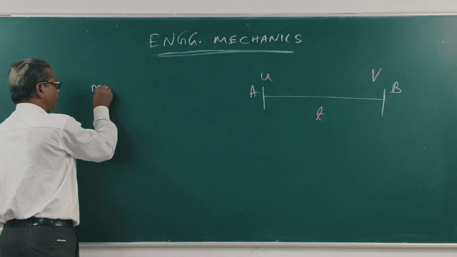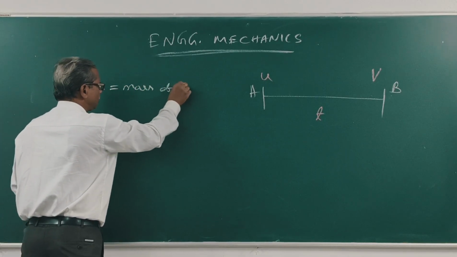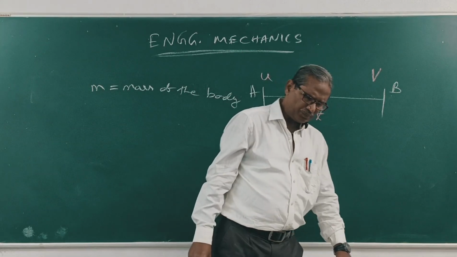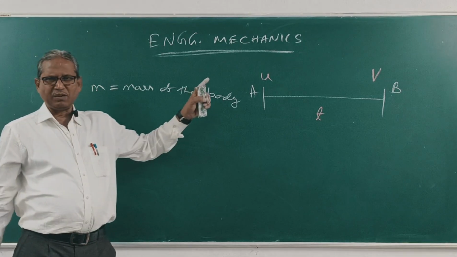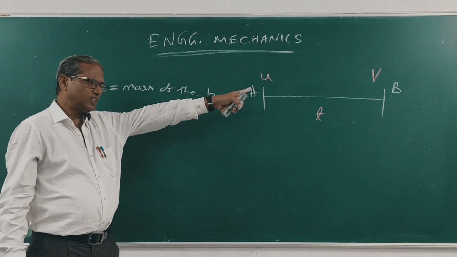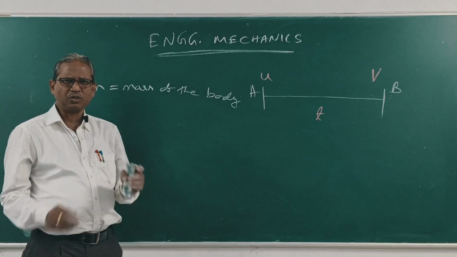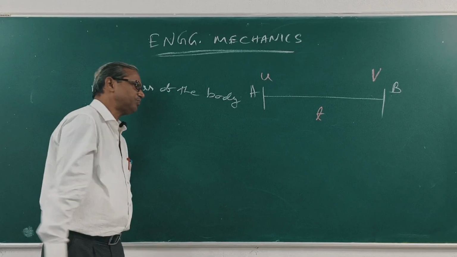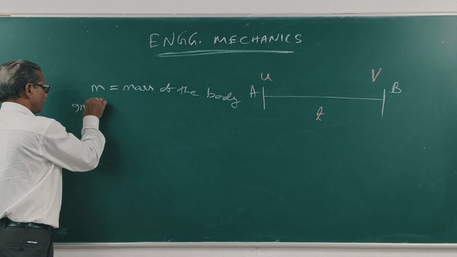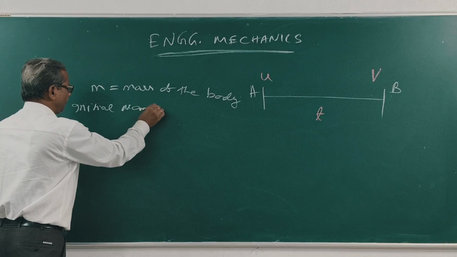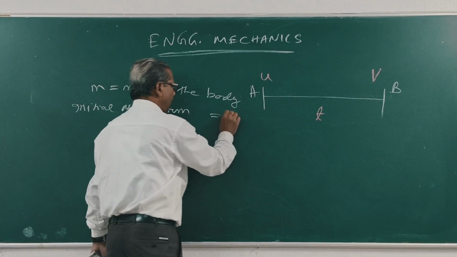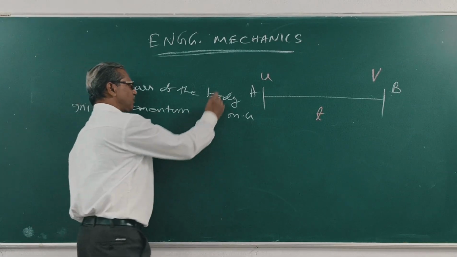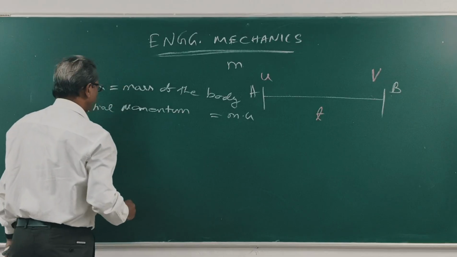M is the mass of the body. Now, what is initial momentum? M into U. What is final momentum? M into V. What is the change of momentum? Final momentum minus initial momentum, MV minus MU.